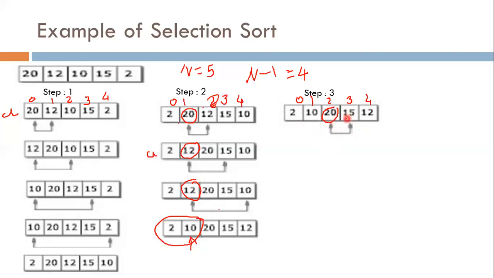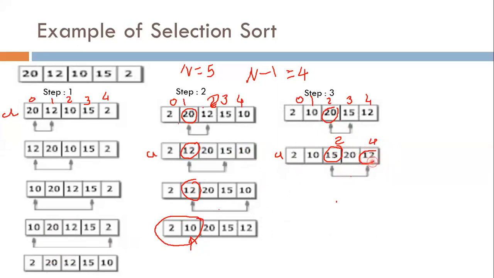20 and 15 are not in order. For that I have to swap both these elements. So in that case I have 2, 10, 15, 20 and 12. Now after that, 15 is my third element, and this element is compared with the next element, which is A of 4.